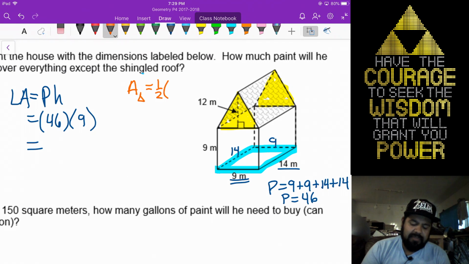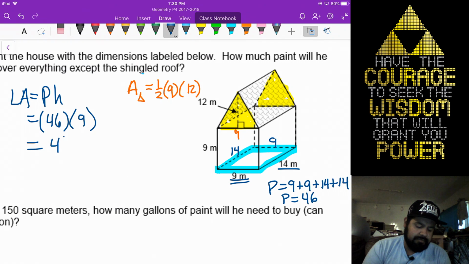Off to the side here, I'm going to find the area of our two triangles. 1/2 base times height, 9 times 12. And since I have two triangles, I'll double that answer. Thank you, McCune, 414. So then here we're going to have 54. I have two triangles.